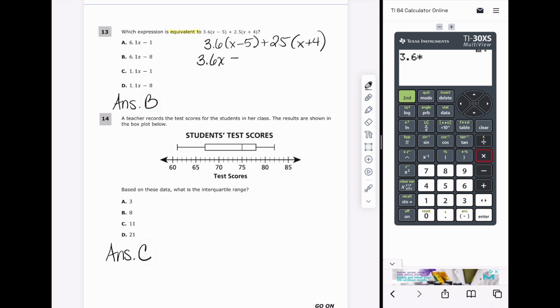That's 18, plus 2 and 5/10 x plus 2 and 5/10 times 4 is 10. I just did mental math because I know 4 quarters makes $1, so 2.50 four times would make $10. Okay, from here, I want to combine like terms. So these two terms have the same variable, so I'm going to put them together.